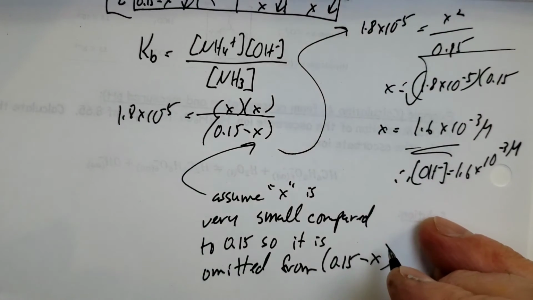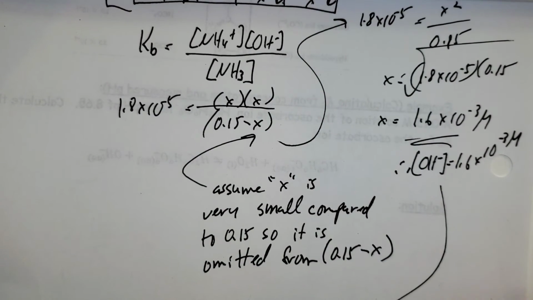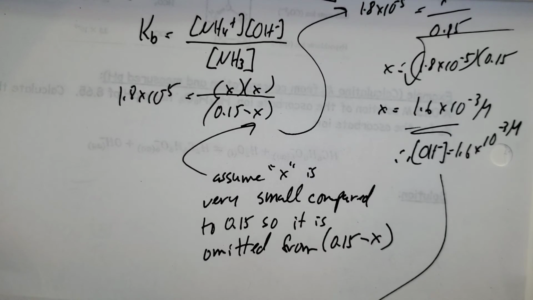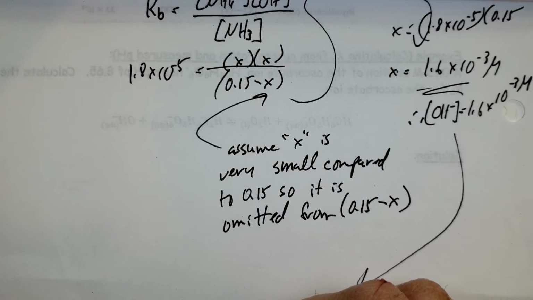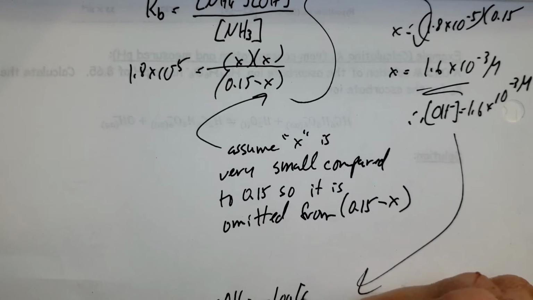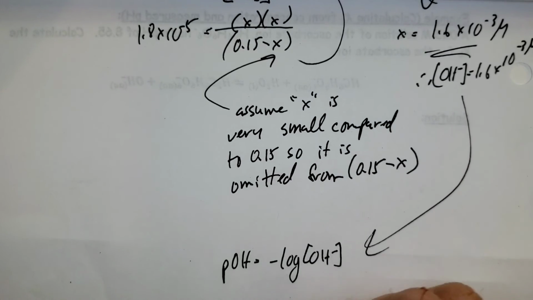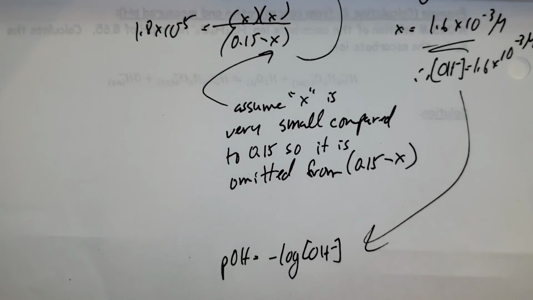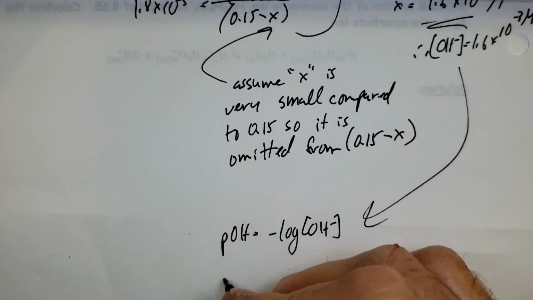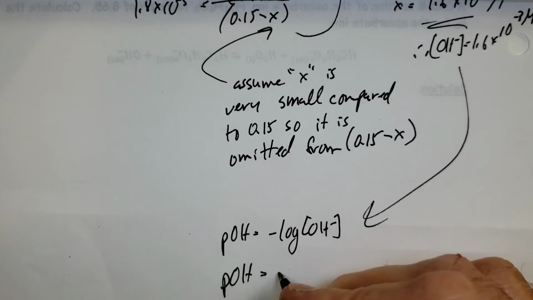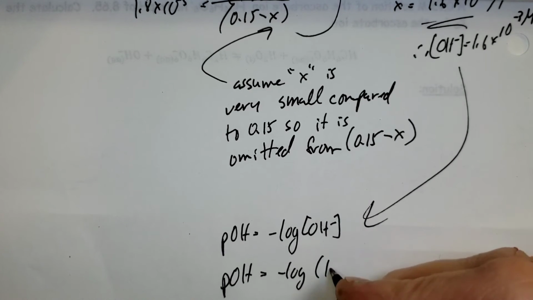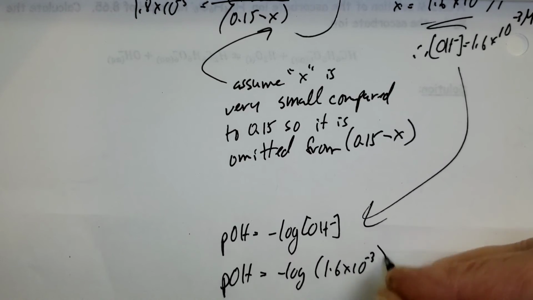All right. And then from there, I'm asked to figure out pH. Now, on your reference sheet here, I can go and figure out pOH from OH minus. And then from there, I can use the relationship between pH and pOH to figure out the pH. So negative log of 1.6 times 10 to the minus 3.